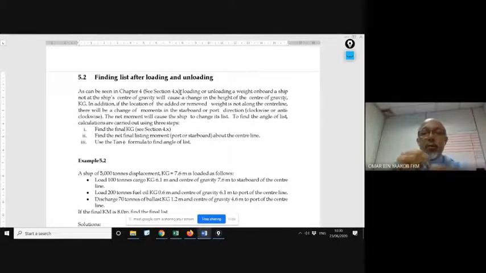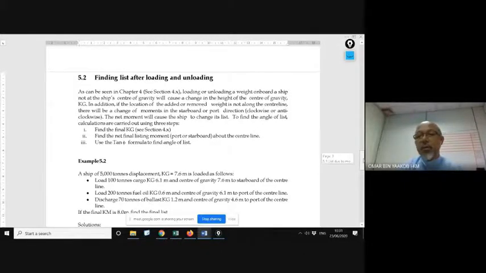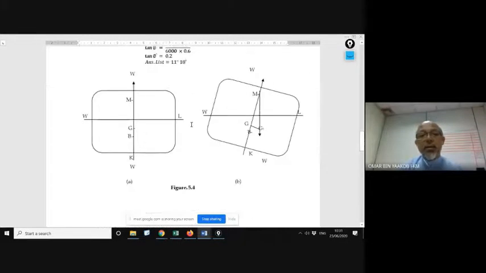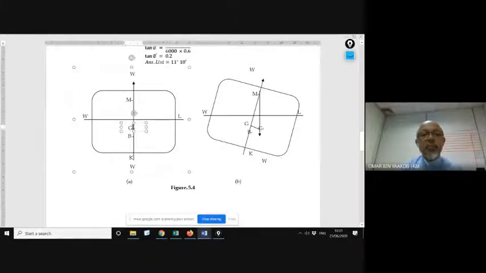So you take one load, for example, from outside. Say the ship is upright here. You load it on the center line, at the center of gravity.